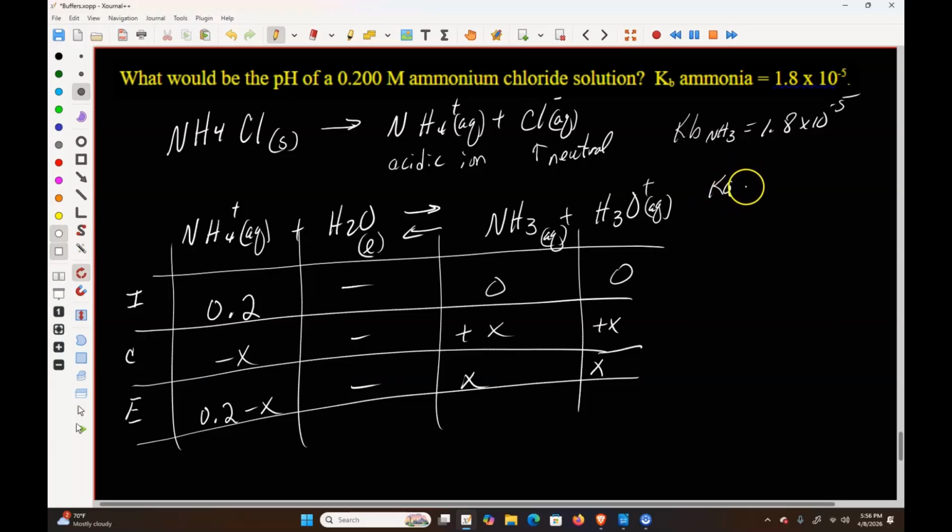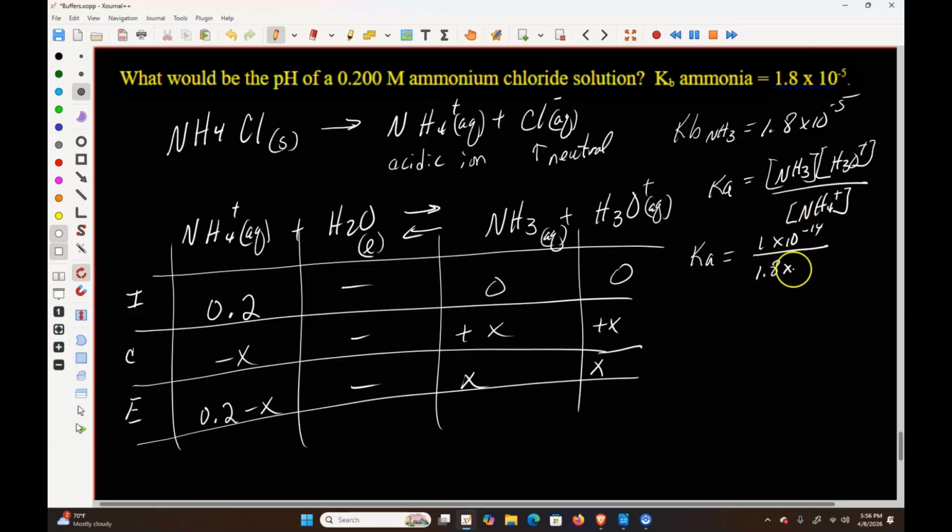So Ka is the concentration of the NH3 times the concentration of H3O plus over the ammonium. I know that Ka will be 1 times 10 to the negative 14 divided by the Kb, which is 1.8 times 10 to the negative 5.